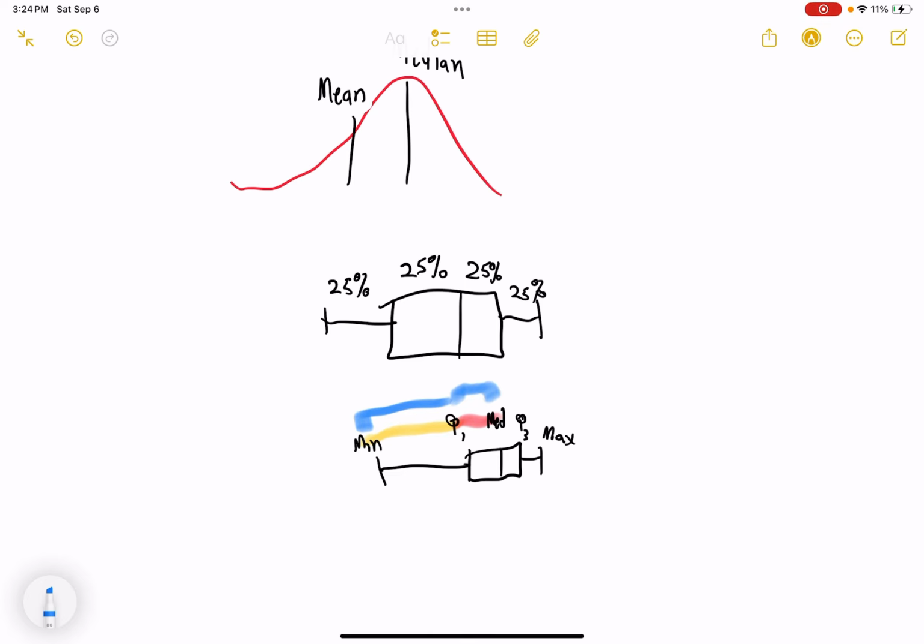And I'm telling you this because you can expect either multiple choice or FRQ questions, but probably multiple choice, that ask you about the number of data points or number of values between a certain thing versus the number being larger, right? The value between, like if I go Q1 minus the min, the value will be greater. That's something you can keep in your head.